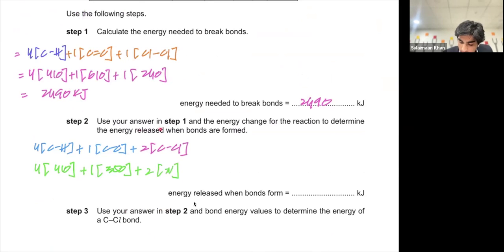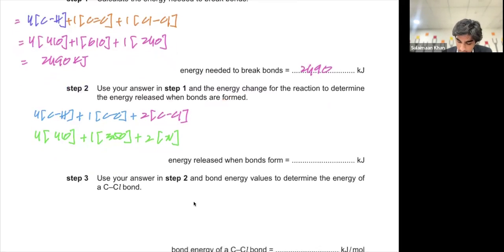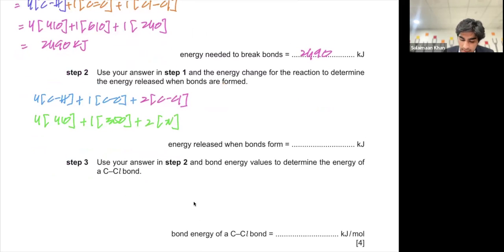He's saying use your answer in step 1 and the energy change of this reaction to determine the energy released when these bonds form. What do I have to do? What's the energy released when these bonds form? Use your answer to step 1 and the energy change to determine the energy released when these bonds form.